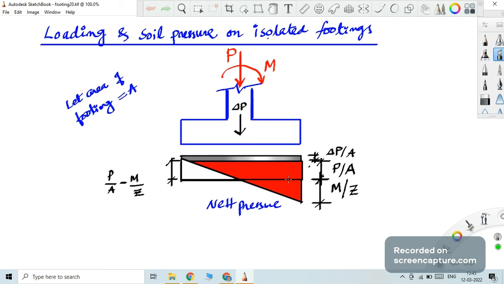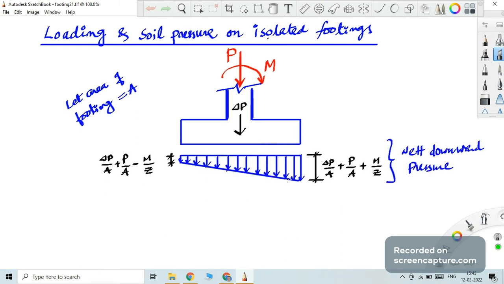I have drawn the trapezoidal variation of the pressure from the footing onto the soil. On the right hand side, it is delta P by A plus P by A plus M by Z, because everything is acting downwards. But on the left hand side, at this location, delta P by A and P by A are both acting downwards, but M by Z is acting upwards, so that is minus M by Z.